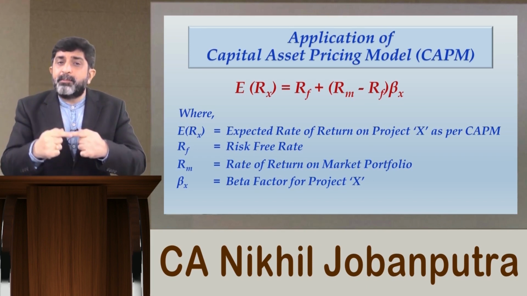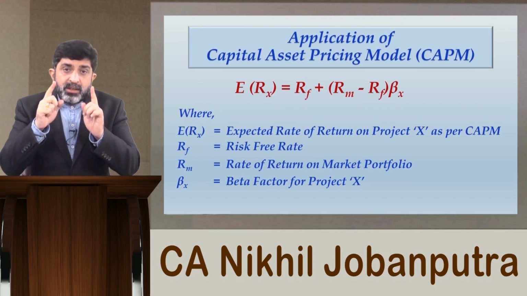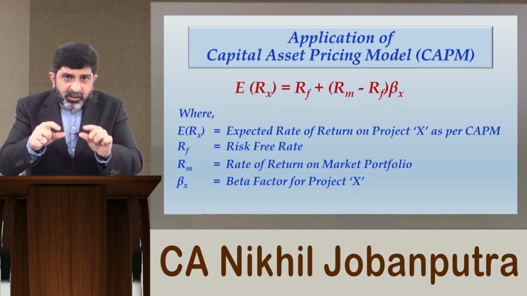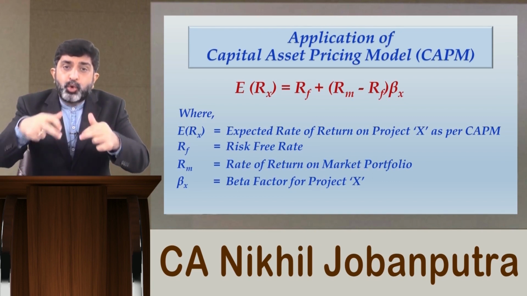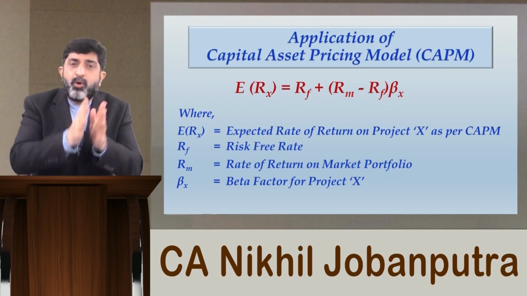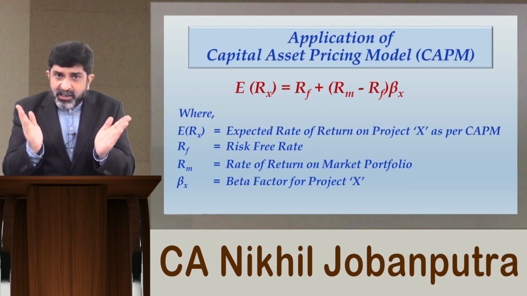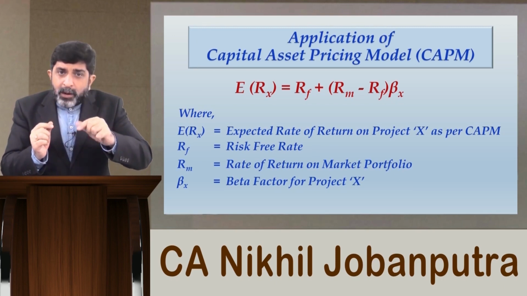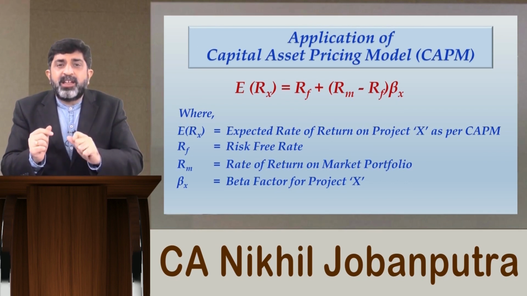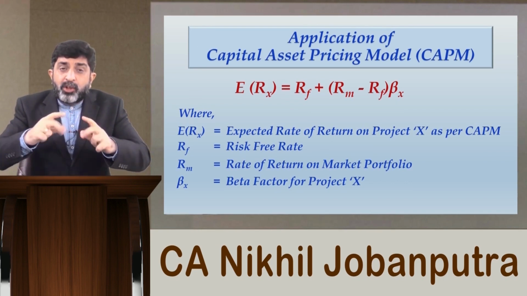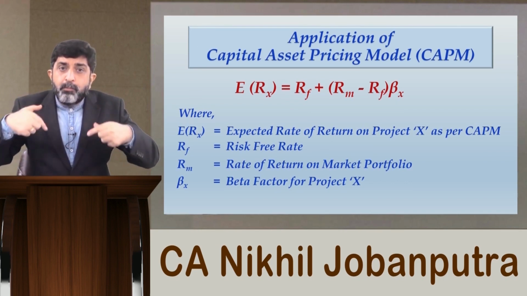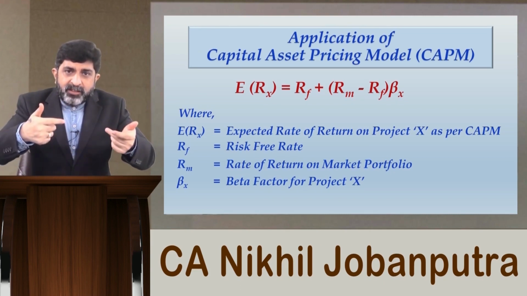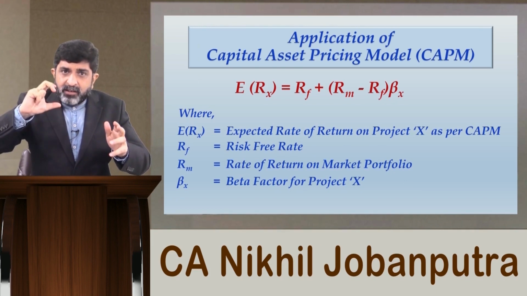If beta is 1.2 times, that means the risk involved in that project is 1.2 times of the risk involved in the market generally, and therefore I would say the risk involved in the project is 20% more than the risk prevailing in the market. When I say 1.2 times, it means the degree of risk is higher, correct?